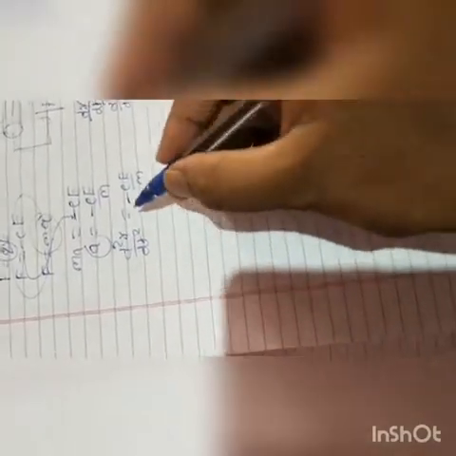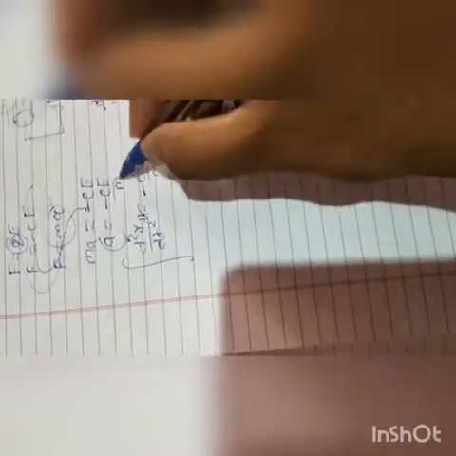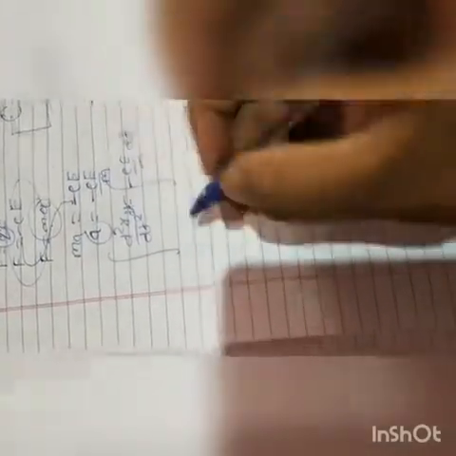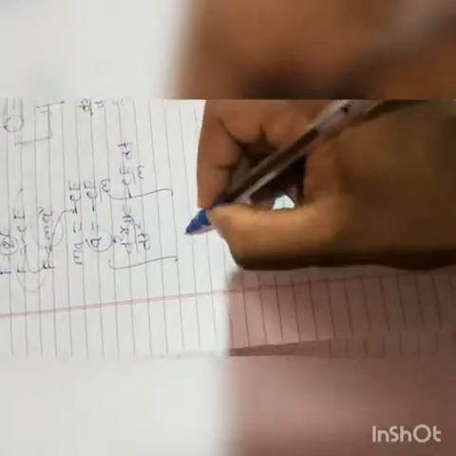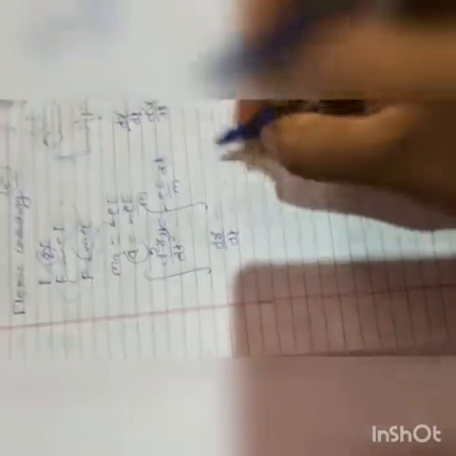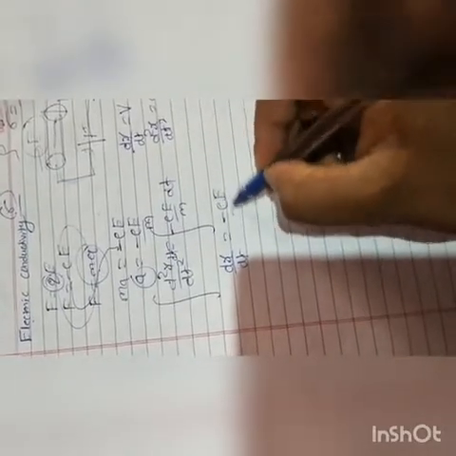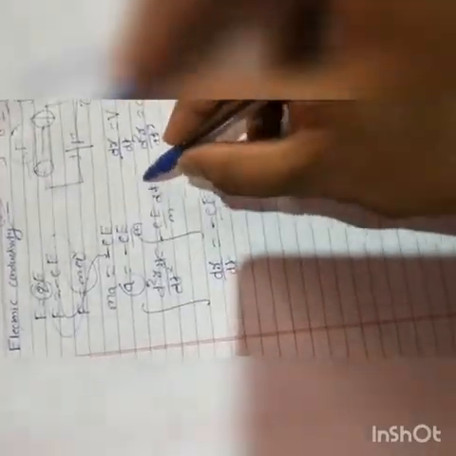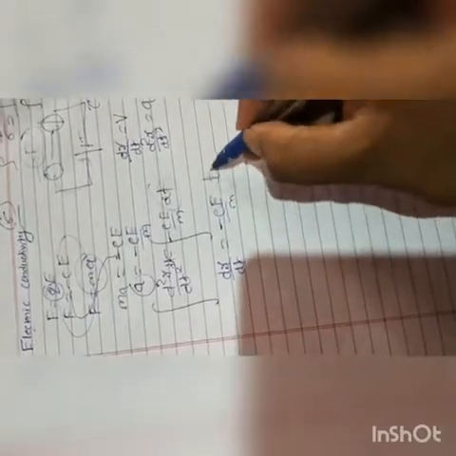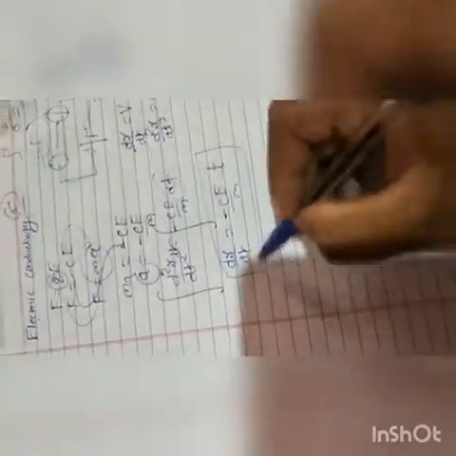Now I am going to integrate this equation with respect to dt. The integral gives dx divided by dt is equal to minus eE divided by m, which are constants, into t, since the integration of dt is t. This is the equation.